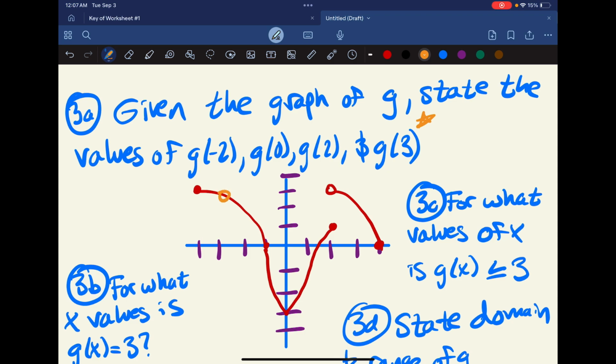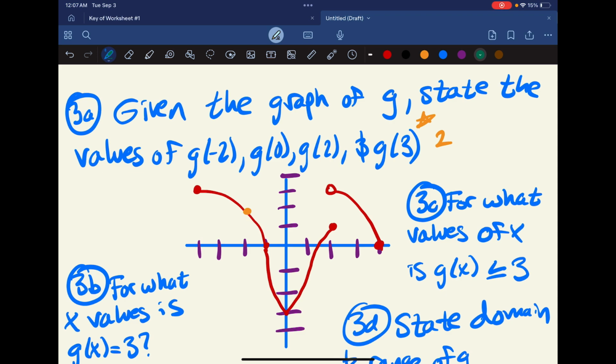This is kind of a bad example, but it's just hard to pull from the graph. Let's say this is about 2, because we could say that this point is about here. If you're actually given this on a quiz or something, it would definitely be drawn much better than this. But you know, I'm no artist, obviously.